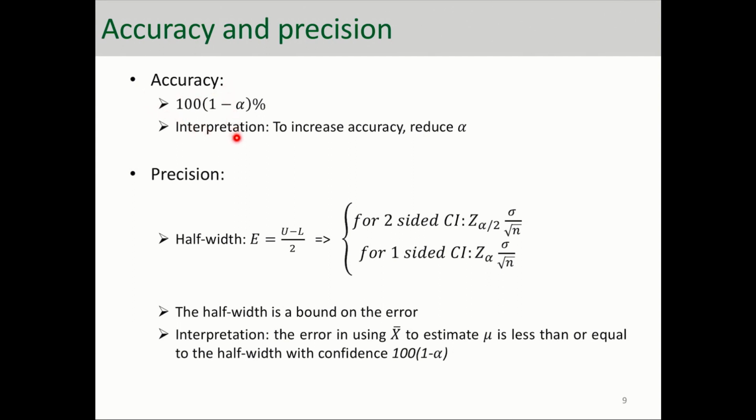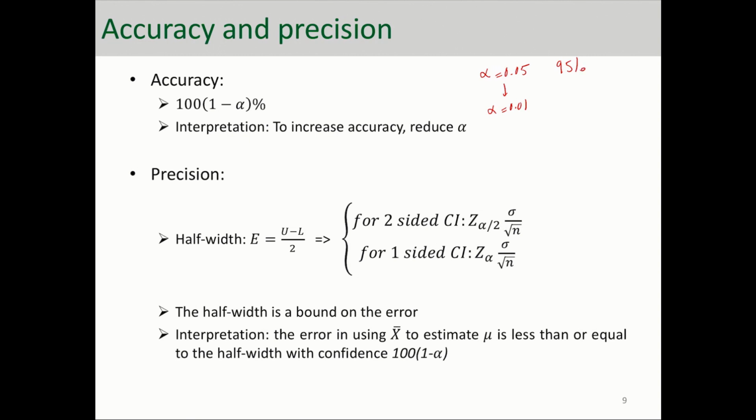Accuracy of a confidence interval really depends on the alpha, right? If you want to increase the accuracy of your confidence interval, you reduce the alpha. Basically, going from alpha of 0.05 to alpha of 0.01, you're increasing the accuracy of the confidence interval.